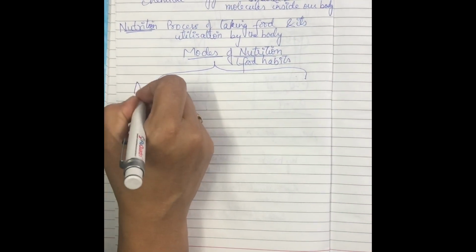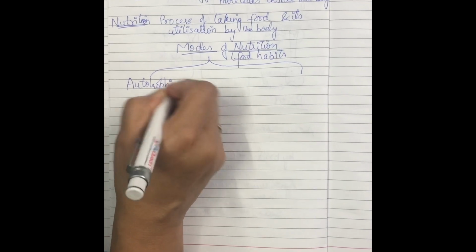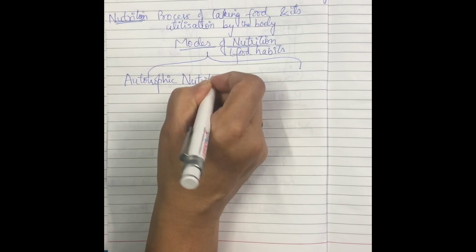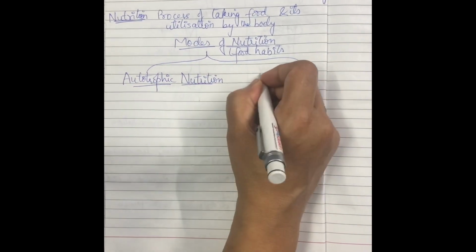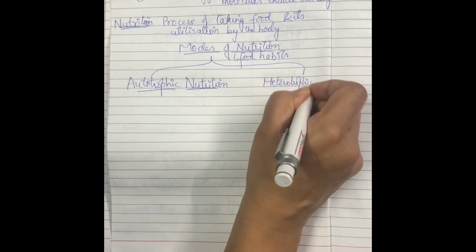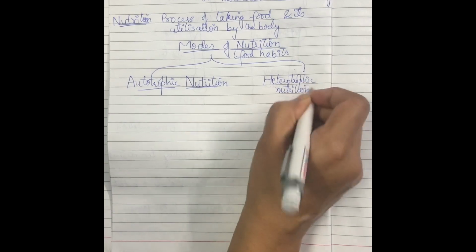The first one is autotrophic nutrition. This we have studied in class 6 also. The second is heterotrophic nutrition.